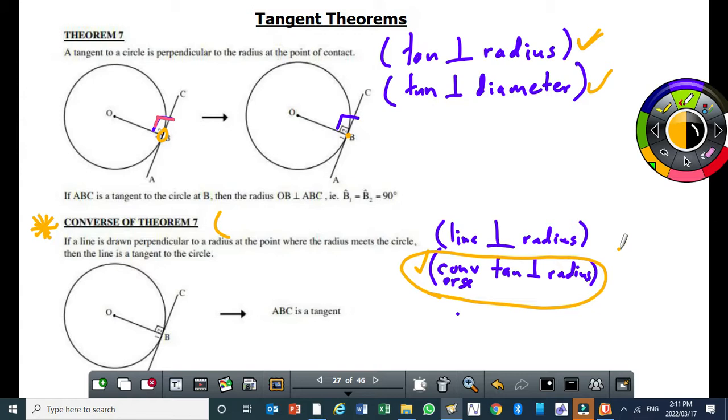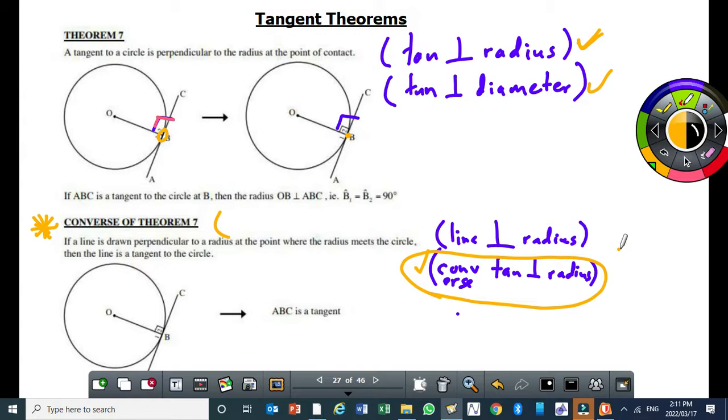Then we have got theorem 8, there's also a converse. And then we have got the equal chords as well. There are 3 of them. Equal chords subtend equal angles at the center and at the circumference. Equal chords that belong to equal circles subtend equal angles at the center and so on. So we've got those 3.